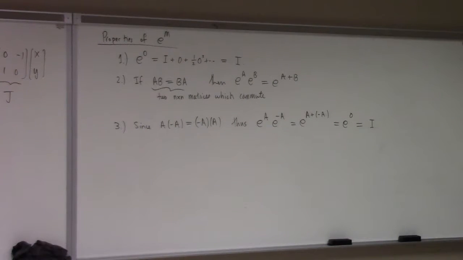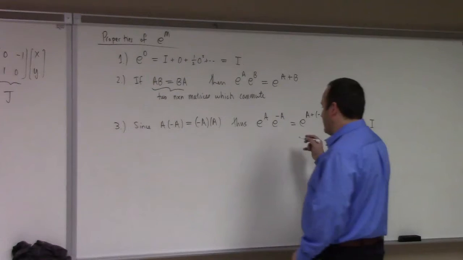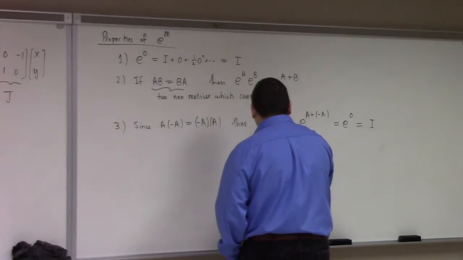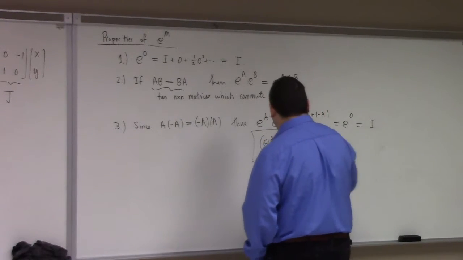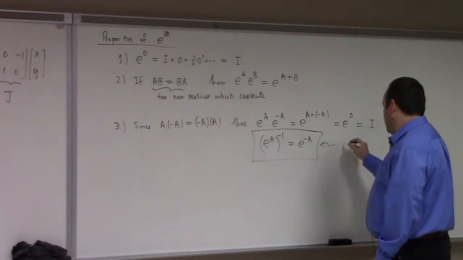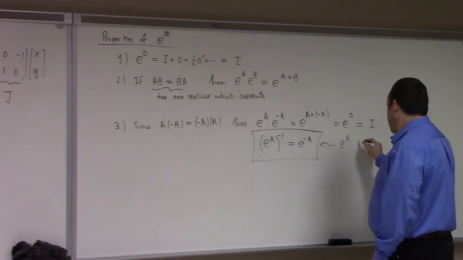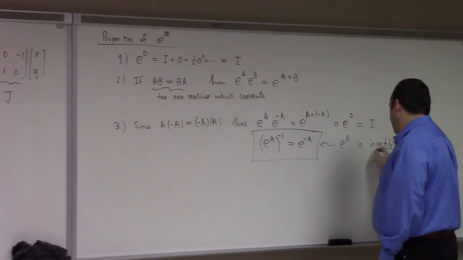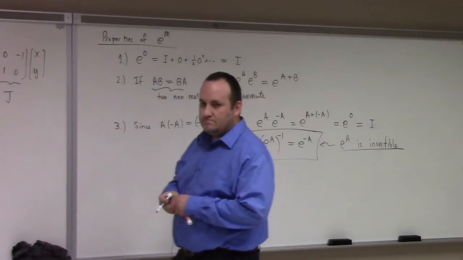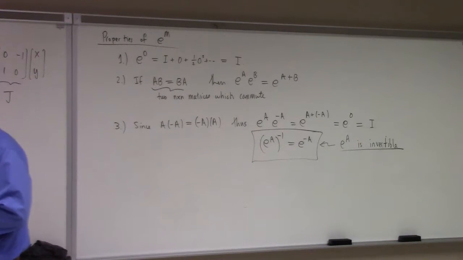So what does this show? This is really, really nice. This shows that e to the A inverse is equal to e to the minus A. In other words, e to the A is invertible. Wait a minute, you mean for any matrix, even a non-invertible matrix, if I exponentiate it, it gives me an invertible matrix?